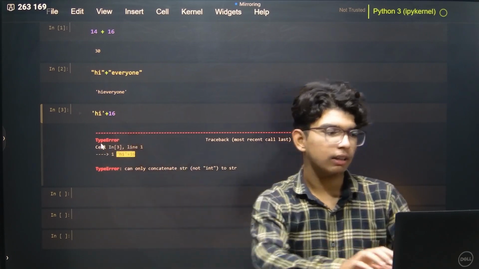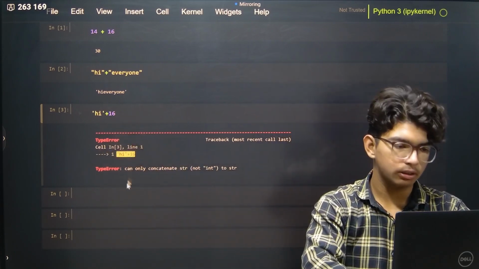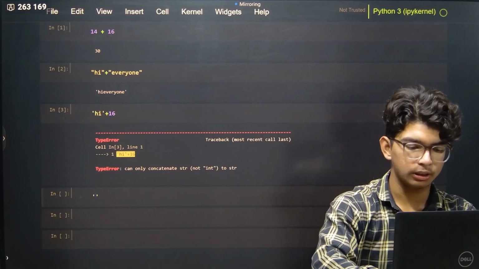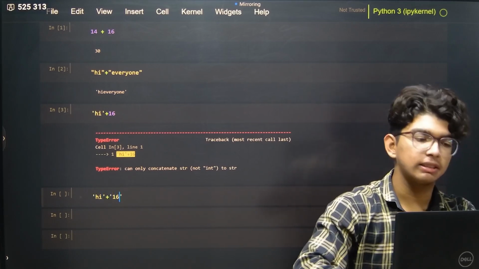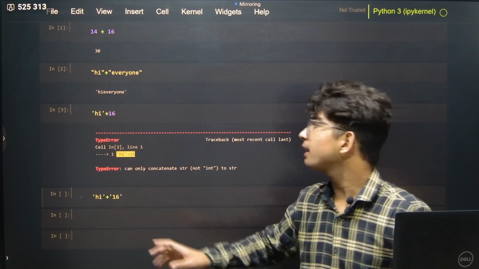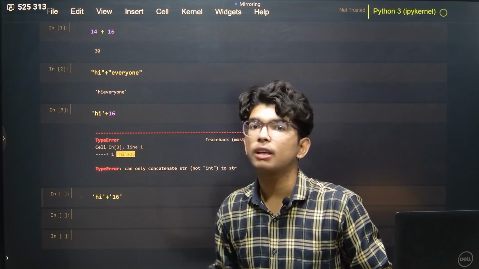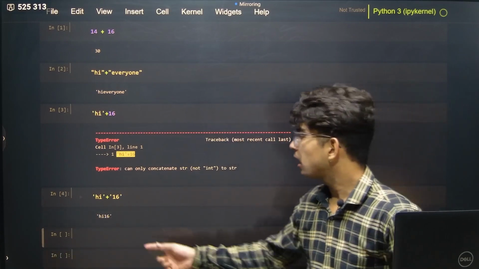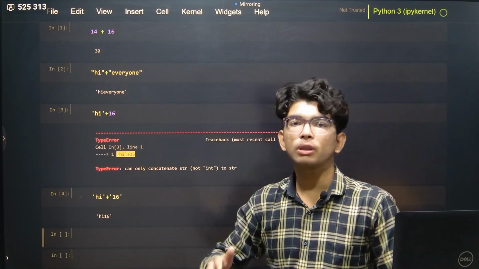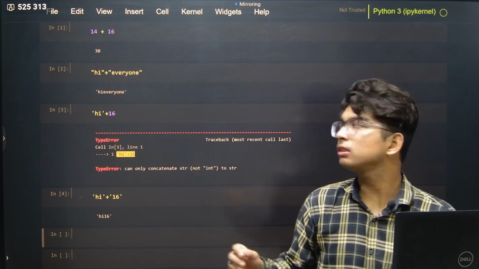If I want to remove this error, I will write 16 in quotation marks. Now, if I write 16 in quotation marks, it will make it a string. So if I do this, hi 16, it is not giving me an error as they are both of the same type.